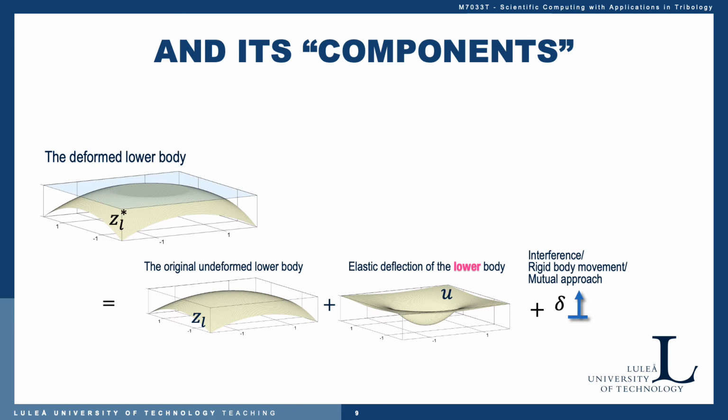So if you add these three components together, you get the deformed lower body as a result. We note that the direction of the rigid body movement is also essential. So delta is a positive number, and according to the arrow, it shifts the lower surface upwards in order to bring it into contact with the rigid flat upper half space.